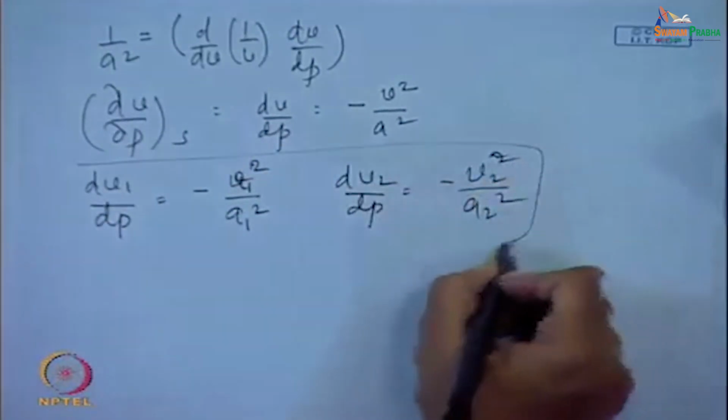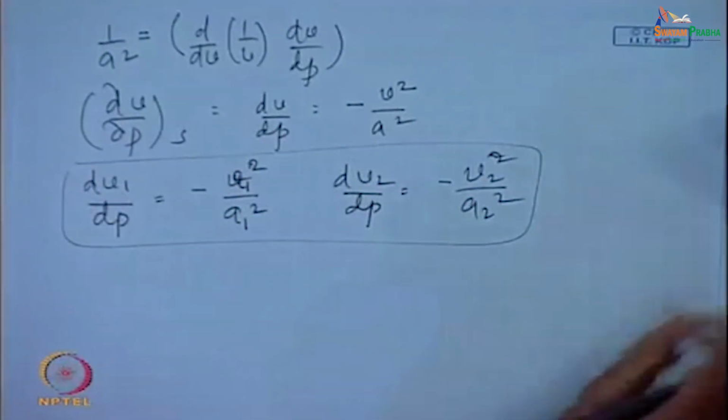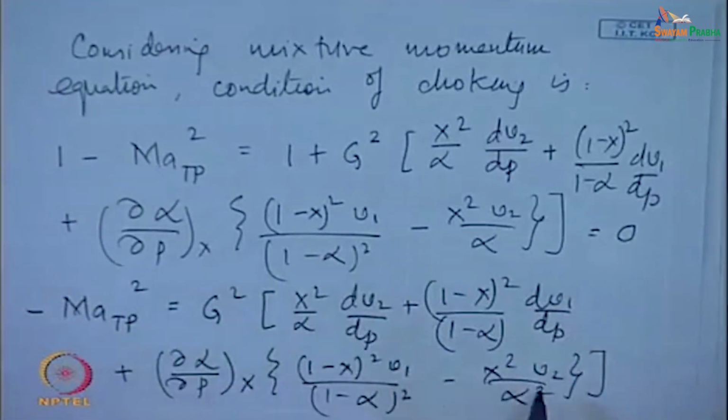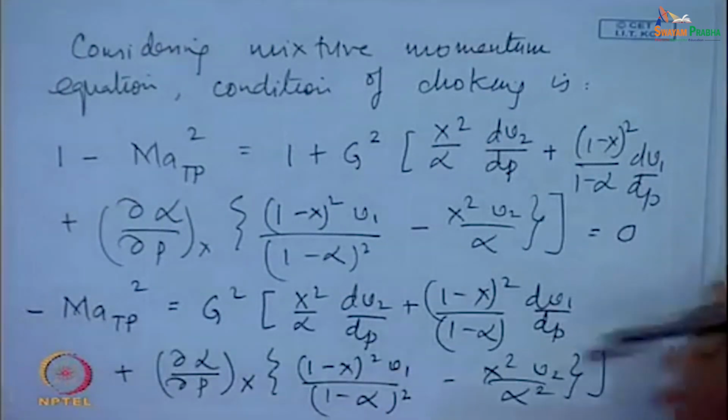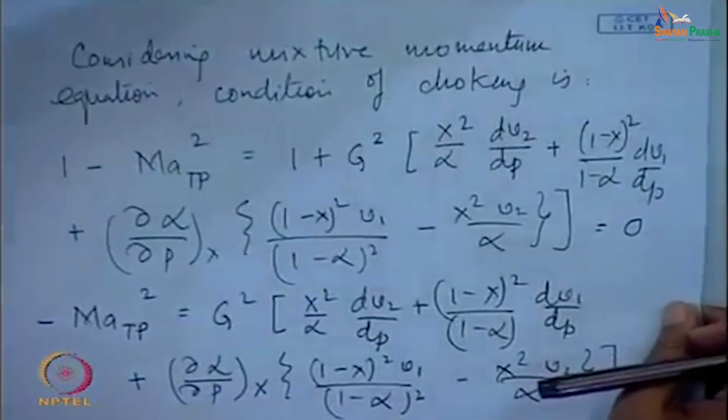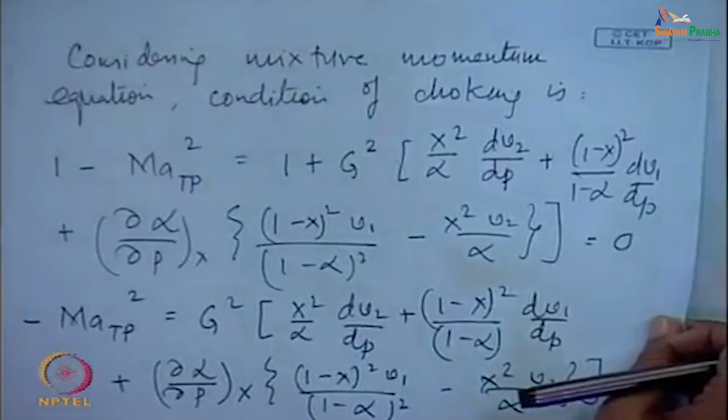So, if we make all these substitutions into the denominator of the momentum balance equation which we had derived, then what do we arrive at? Just do it and tell me what we get under that circumstance.